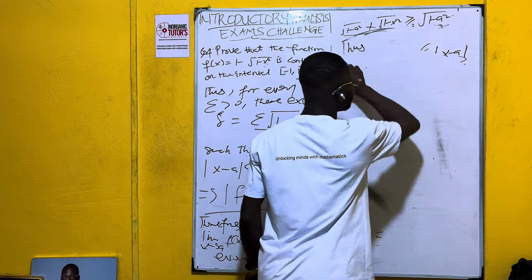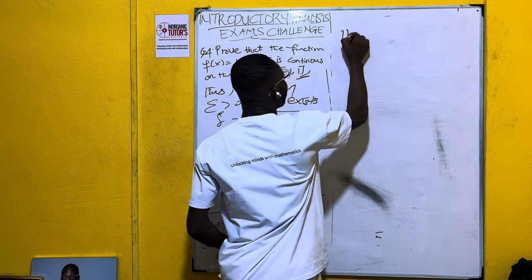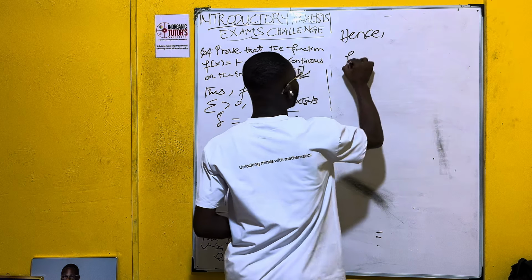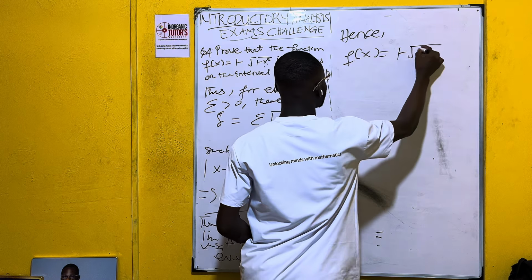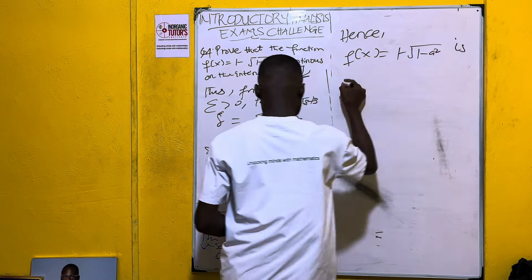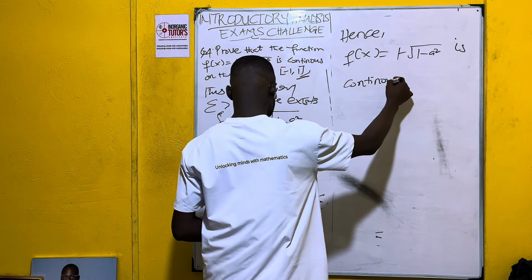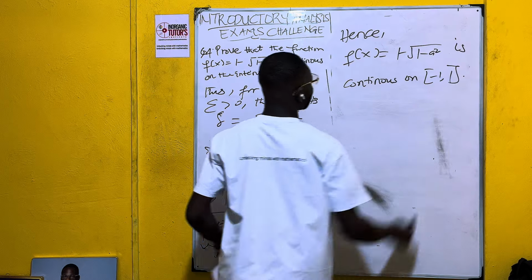Hence f of x is equal to 1 minus square root of 1 minus a squared is continuous on the interval -1 and +1.